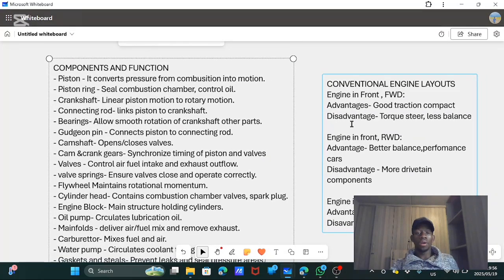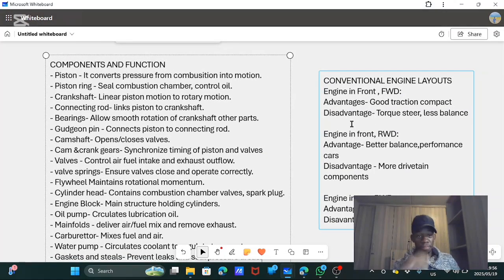Okay guys, these are the definitions. So I skip ahead. These are the important definitions that you must know here in engine components and functions, piston, and so on.